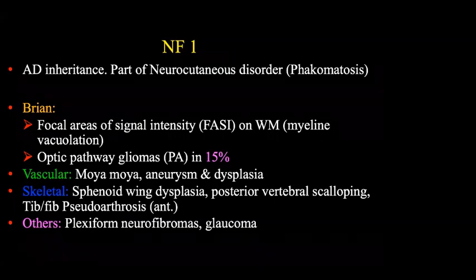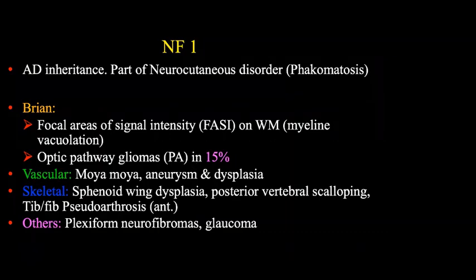So NF1 is an autosomal dominant disease, part of the neurocutaneous disorders, or what they call phakomatoses. Part of the manifestations, we talked about the brain and all these white matter bright spots related to myelin vacuolization, and optic pathway glioma. But then there are other manifestations which are vascular, such as moyamoya or aneurysm. There are some skeletal changes.